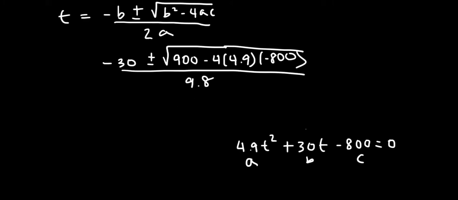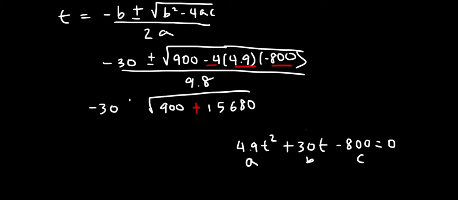So now let's multiply these three numbers. Negative 4 times 4.9 times negative 800 is equal to a positive 15,680. And we still have a 900 next to it.